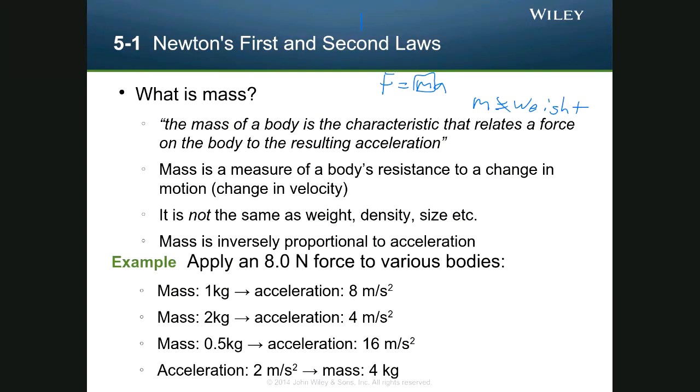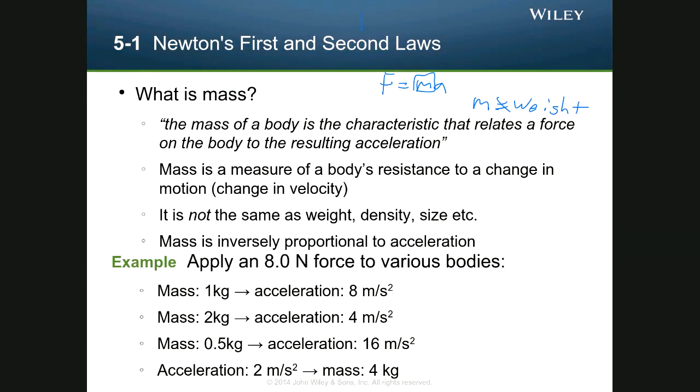So think about a baseball or a toy ball of some sort and a refrigerator, right? We assign more mass to the refrigerator because it's harder to push and pull than the toy ball, right?